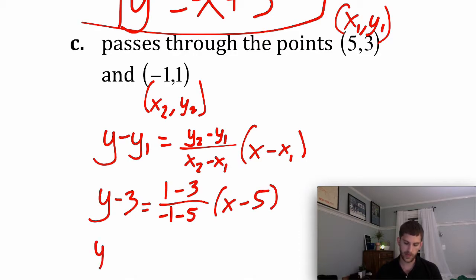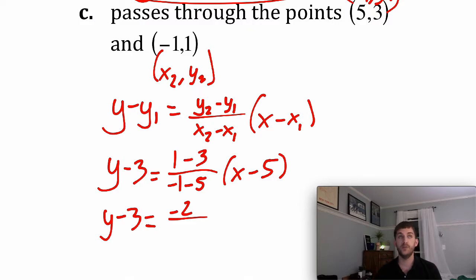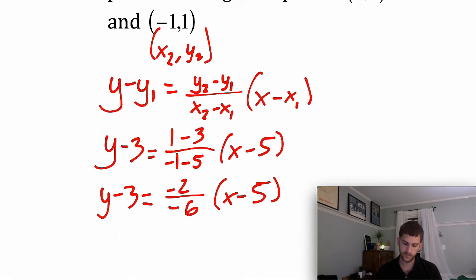We have y minus 3 equals, in the numerator of that fraction, 1 minus 3, which is negative 2, over negative 1 minus 5, which is negative 6, times x minus 5. So y minus 3 equals negative 2 divided by negative 6. We can reduce that.